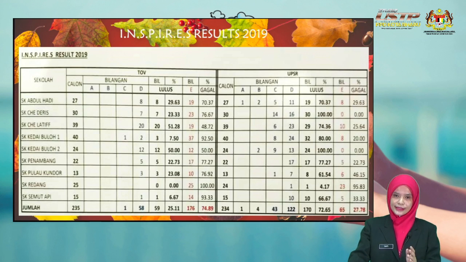Here we can see that in TOV, or take of value, there were 176, which is 74.89%, failed pupils, and passed pupils are only 59, standing for 25.11%. But after we ran this program for about 6 months, we have produced an excellent result.